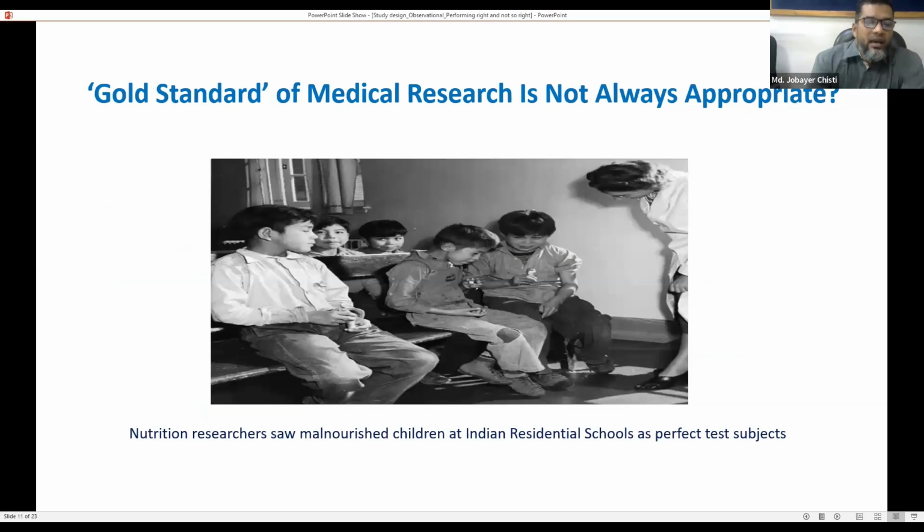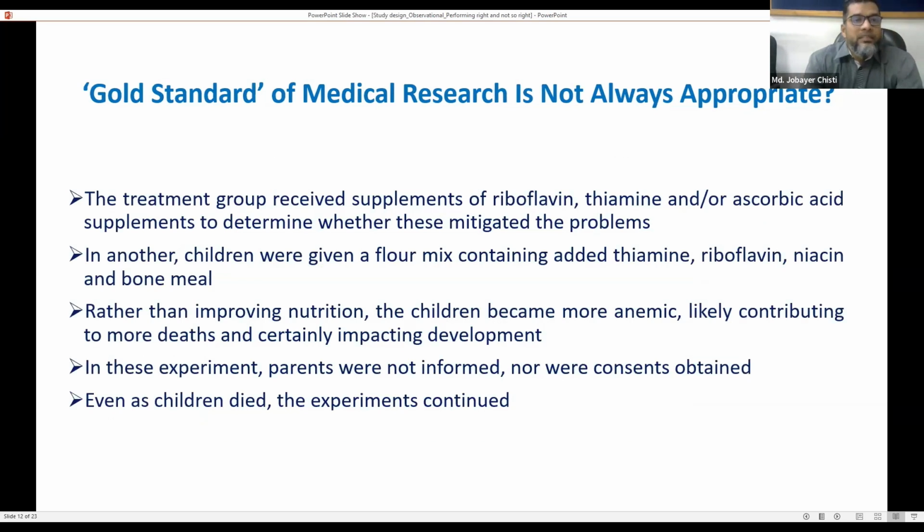Nutritional researchers saw malnourished children at Indian residential schools as perfect test subjects. The treatment group received supplements of riboflavin, thiamine, and or ascorbic acid to determine whether this mitigated the problems. In another, the children were given a flour mix containing added thiamine, riboflavin, and niacin and bone meal.